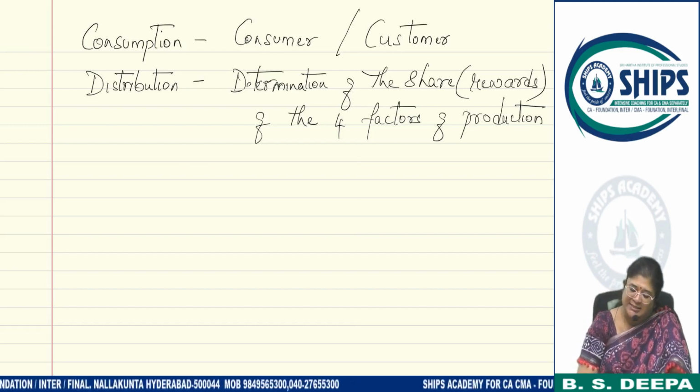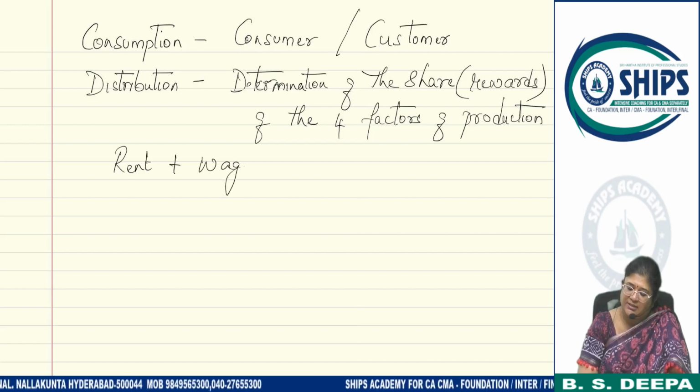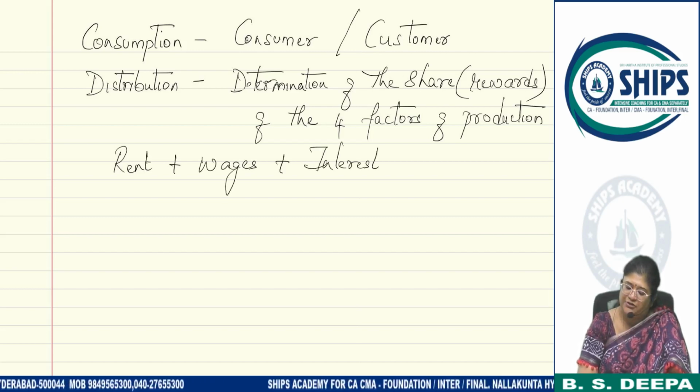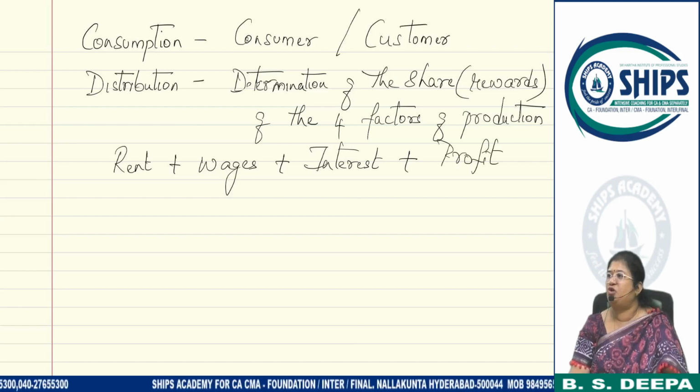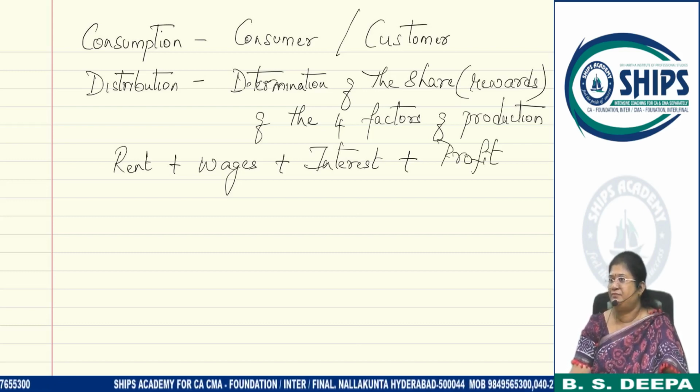So as I said, rent plus wages plus interest plus profit. How these things are decided is what is called distribution.